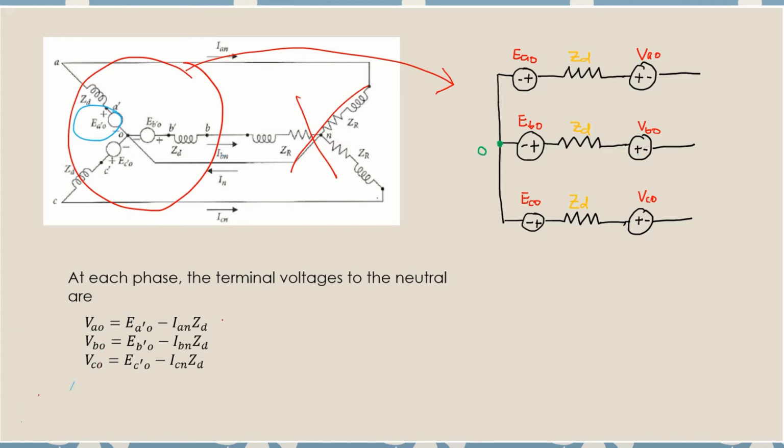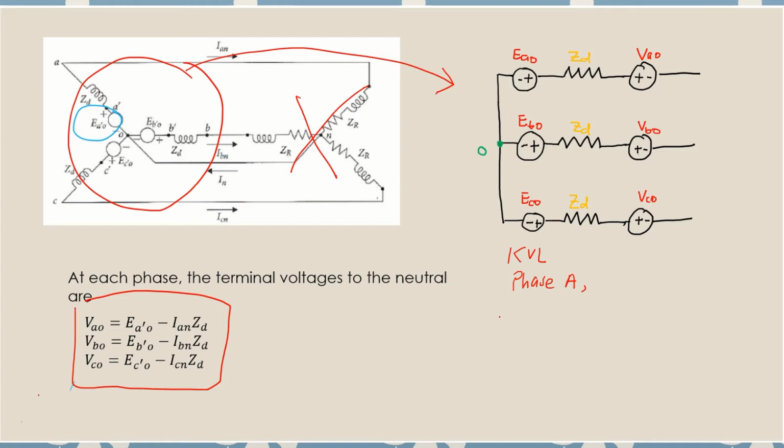So if you apply KVL, then you will be able to derive this whole set of equations. I'm going to do an example just for phase A, as a revision, if you still remember.